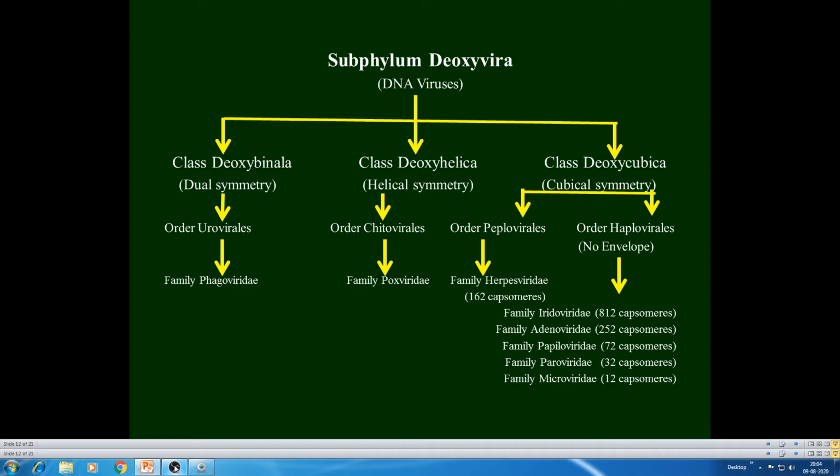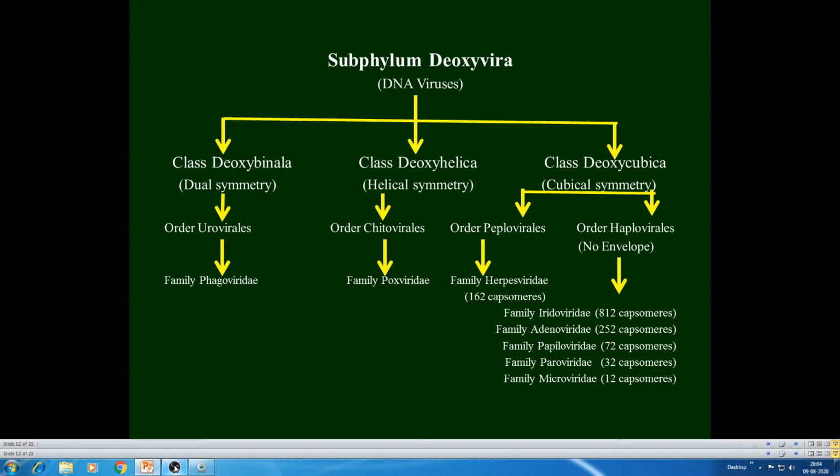Then these classes are divided into orders. The class Deoxybinala is divided into order Urovirales. Deoxyhelica is divided into order Chytovirales. Then class Deoxycubica is divided into two orders, order Papillovirales and order Haplovirales.